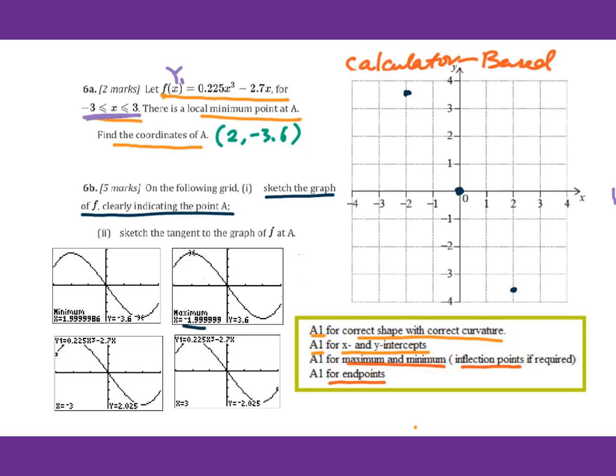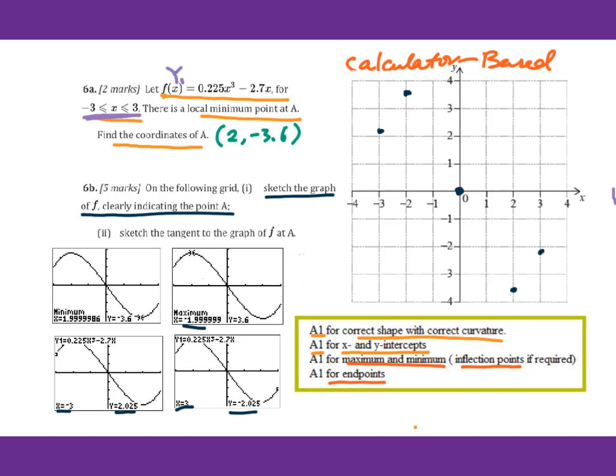For the endpoints, we have -3, 2.025, and for x equals 3, y equals -2.025.